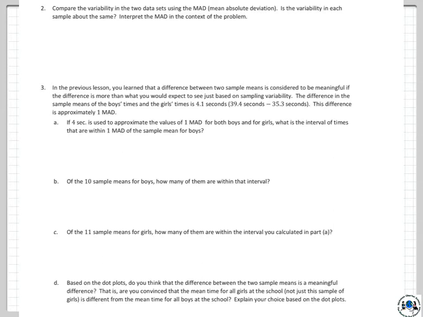Okay, so I'm here on number 3. In the previous lesson, lesson 21, you learned that a difference between two sample means is considered meaningful if the difference is more than what you would expect to see just based on sampling variability. There's no true numerical definition there.